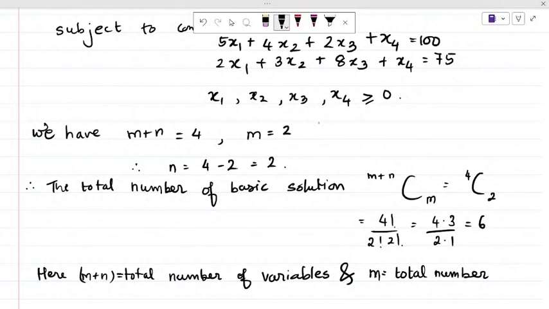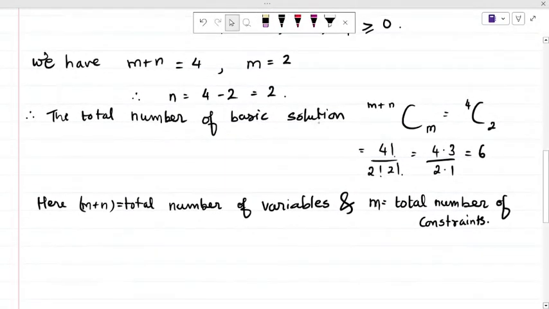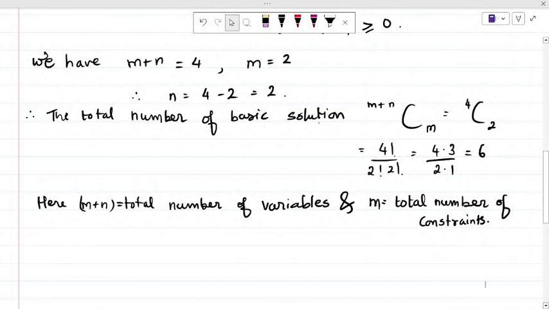These are only 2 over here. And n is the number of variables that we can set as 0.